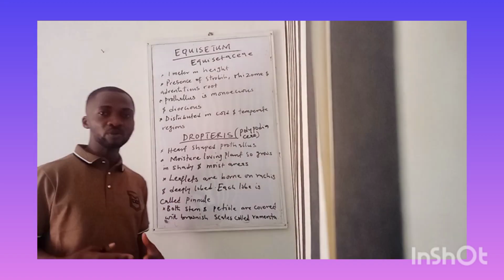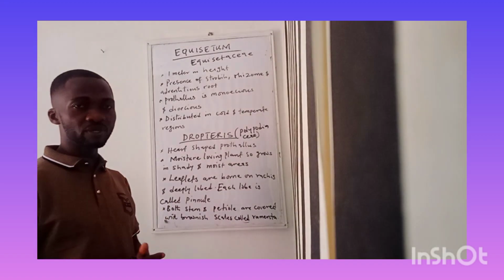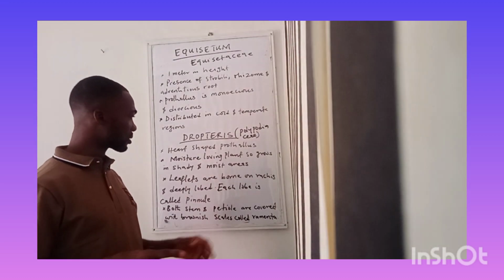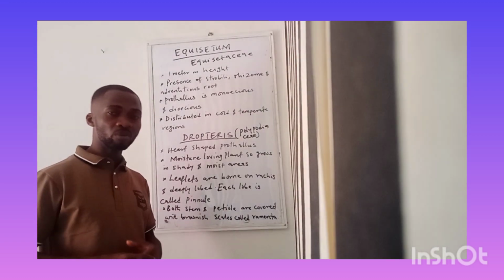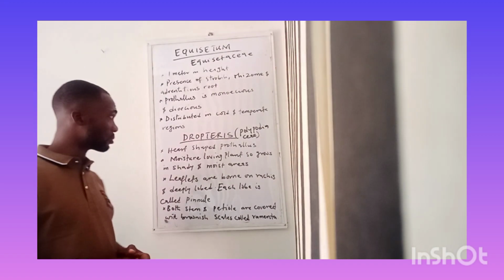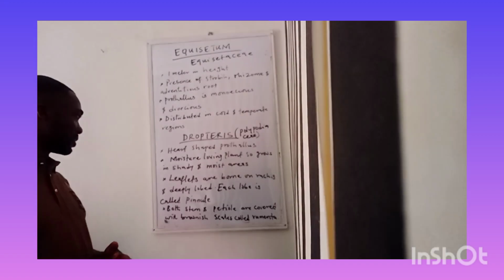So that is where you basically see the Dryopteris, along marshy areas or moist environments. That is where you see members of this group called the Dryopteris.